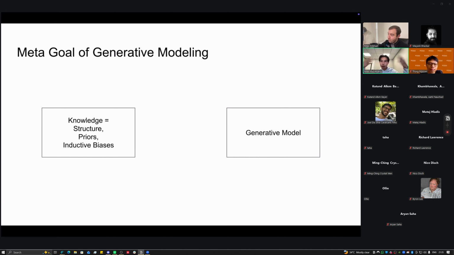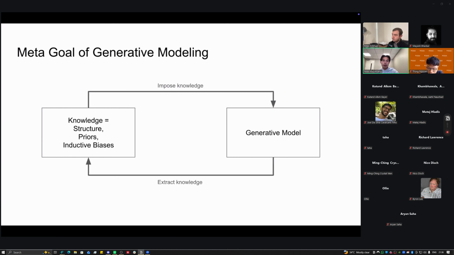So we have a lot of structures or priors or inductive biases that we know about our system of interest. One of the key goals is being able to impose a lot of this knowledge, these structures, priors, and inductive biases, into our generative model, for example to improve performance. But likewise, we should also be able to extract new knowledge after we've learned a generative model, that we can build new structures or priors or inductive biases with.